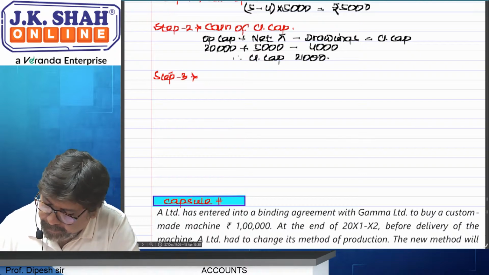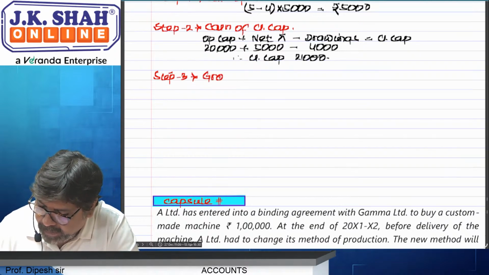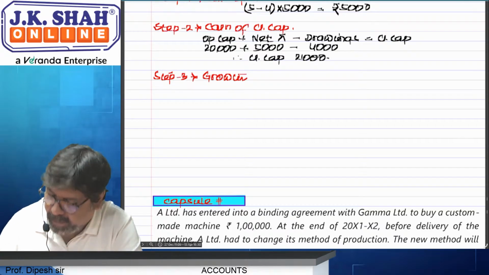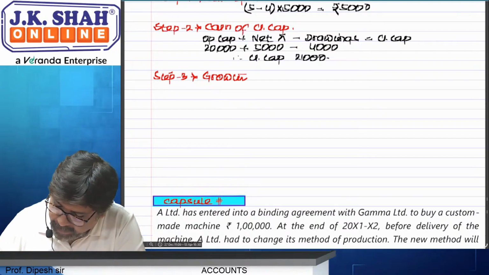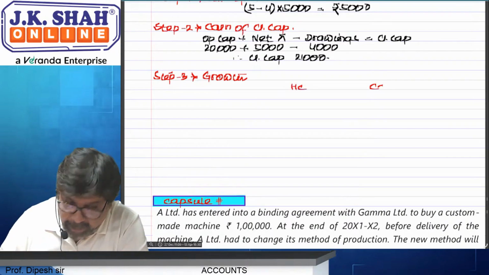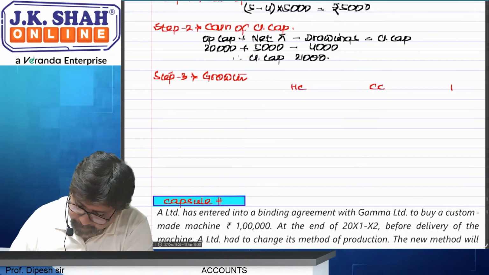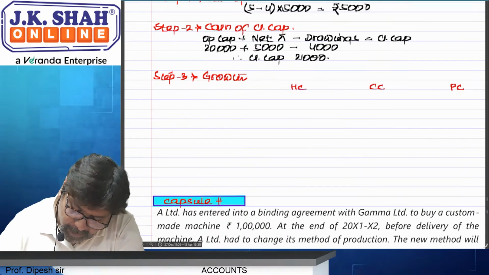Now, step 3, growth. Step 3, growth. Historical cost, current cost, physical cost.